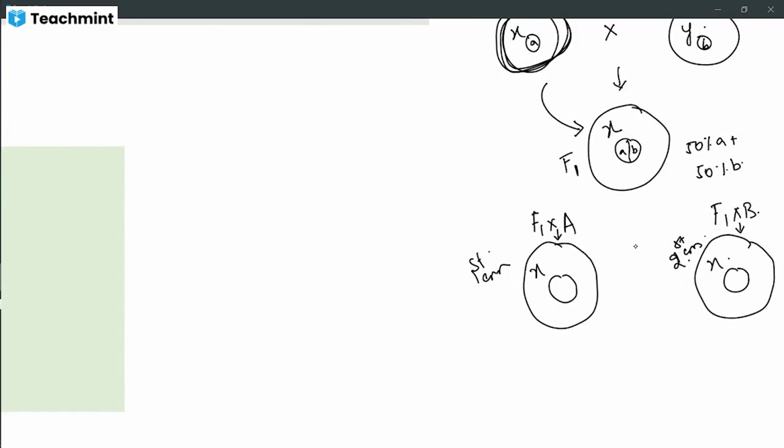X. And then what will be the nuclear condition in the first cross? 75% is A, and the remaining will be B, right? So what will it be in the second? It will be exactly opposite, that is 75% of B and 25% of A.